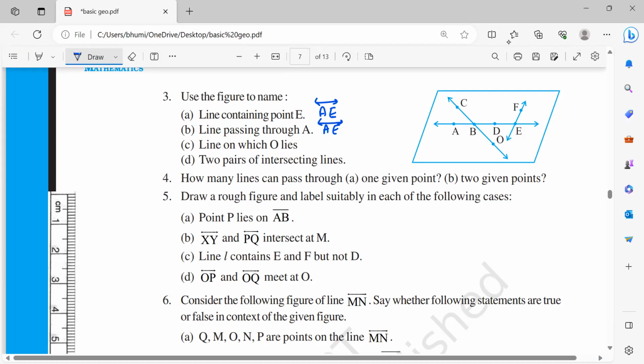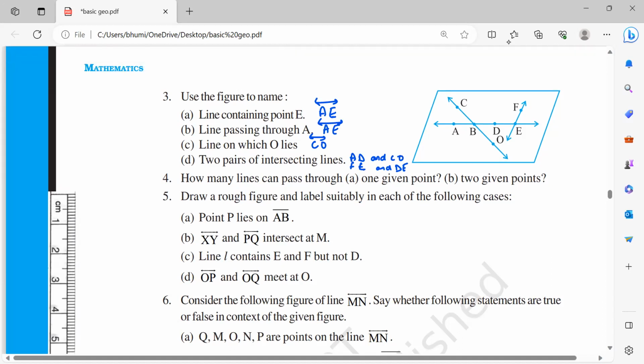O is lying on this line, which is CO. Next, 2 pairs of intersecting lines. These are the lines AE, or you can say AD, and CO, and another pair is FE and DE.